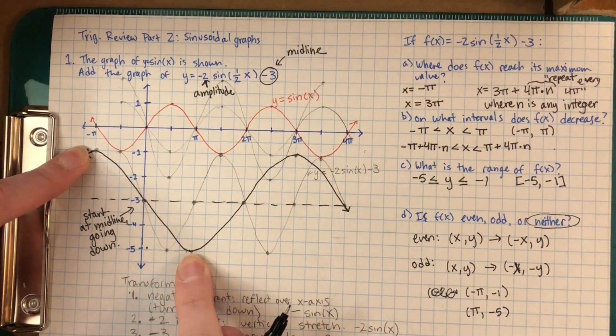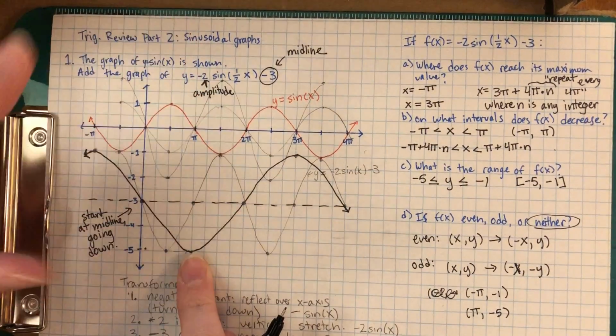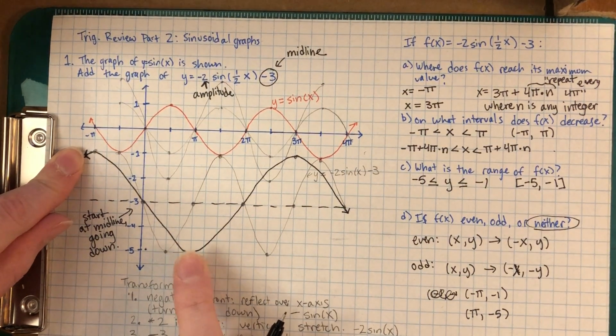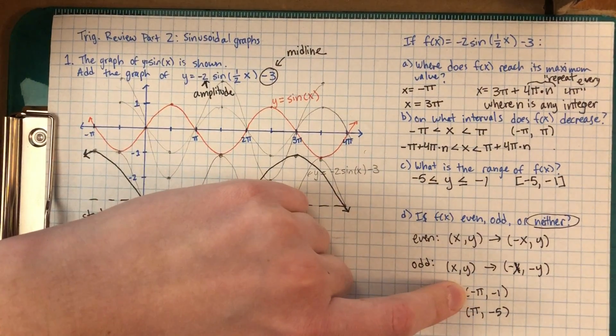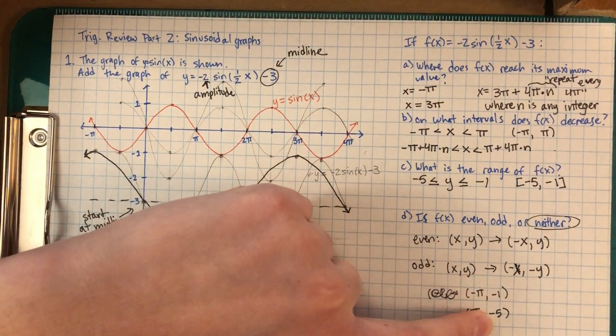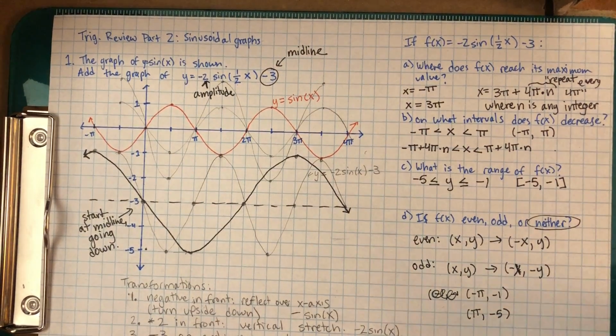And then we want to say, do these have the same y? Do they have opposite sign y? Or are they just not related to each other? When I compare these two x's, one is negative pi, one is positive pi, the y's are just two completely different numbers. They're not negative 1 and positive 1. They're not 3 and 3. They're not equal, they're not opposites, they're just two different unrelated numbers. So that means it must be neither.